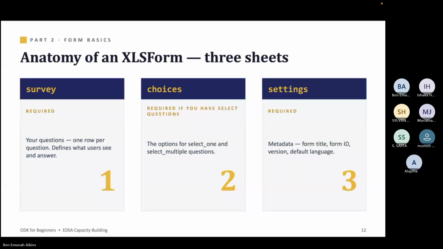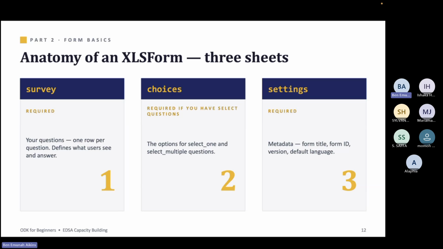Okay. Then the second one, and let me just go on the CV before I jump to the choices. The concept of what users will see and how they will see it is also controlled by a number of columns that exist in that sheet.